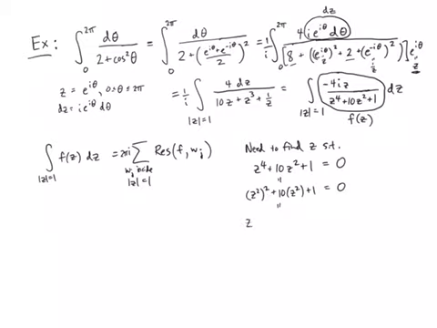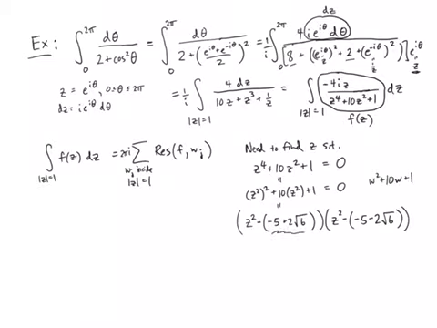So this quadratic, you can just use the quadratic formula and you can find that it factors like this. So it factors as z squared minus (-5 plus 2 times square root of 6) times z squared minus (-5 minus 2 root 6). Okay, so basically the quadratic w squared plus 10w plus 1 has roots -5 plus 2 root 6, that's this thing here, and -5 minus 2 root 6, that thing there.